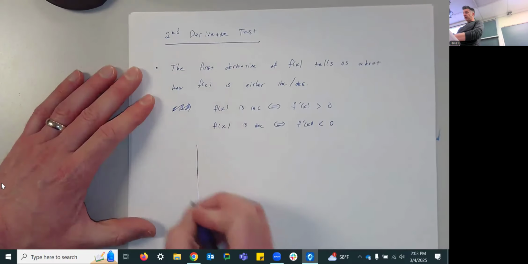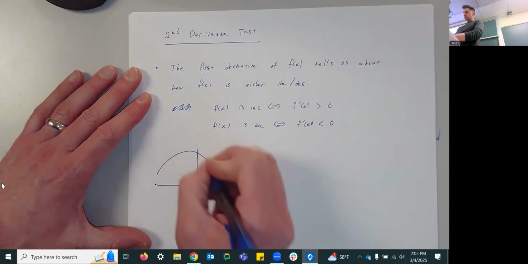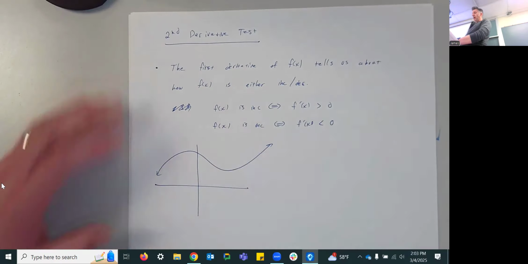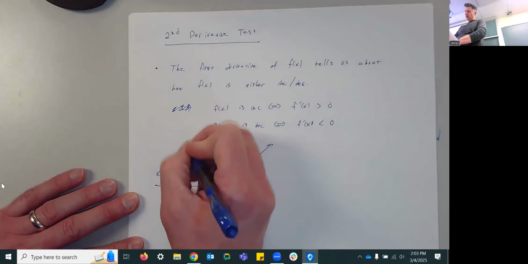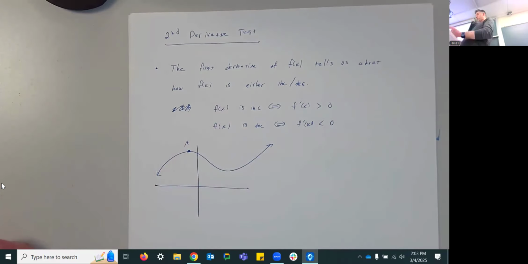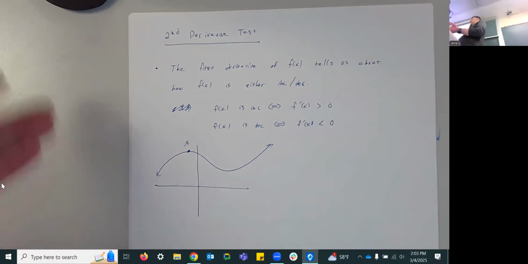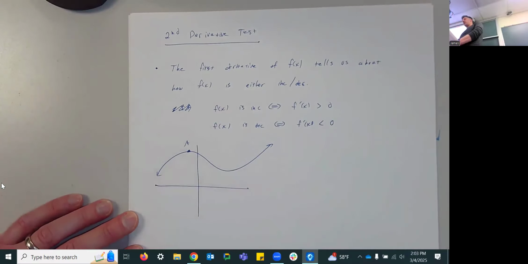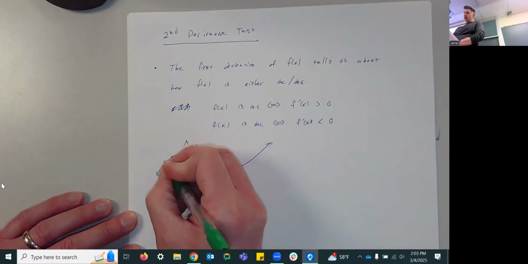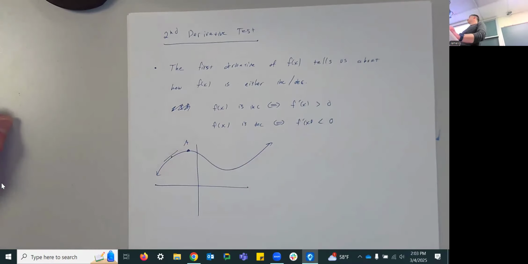If you graph something, I think I can convince myself pretty well that anywhere left of A, clearly the function's increasing. If you look at the tangent line, the slope of any tangent line is positive, so the derivative is positive.